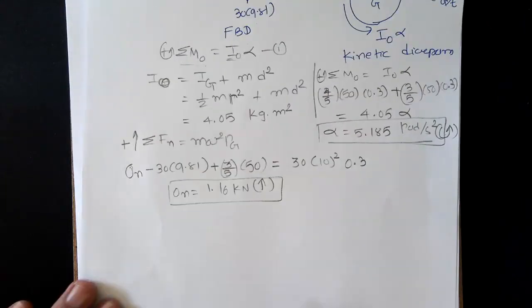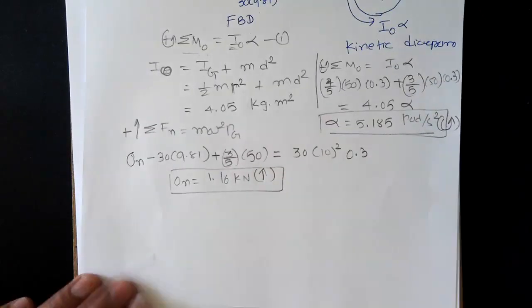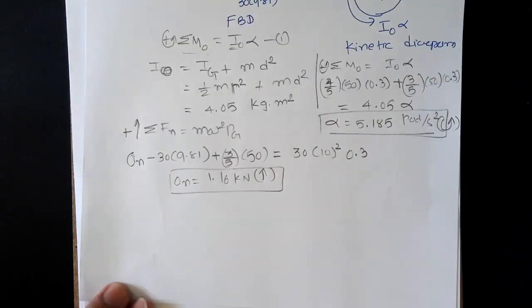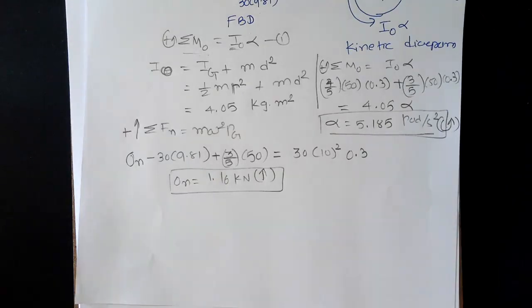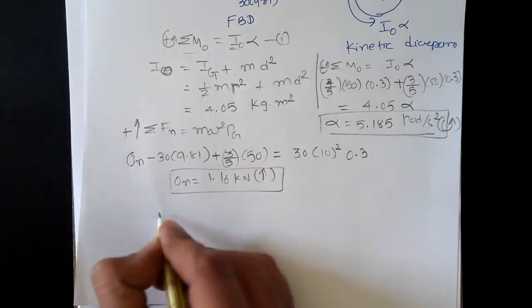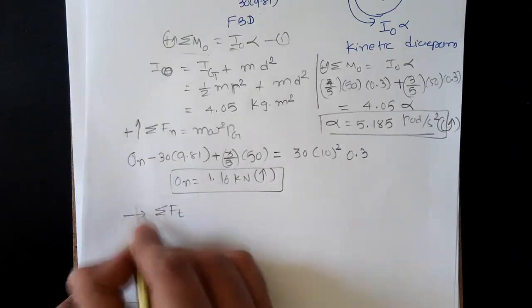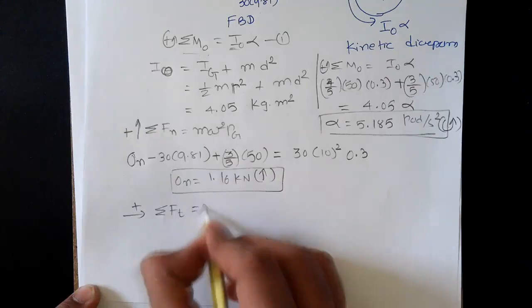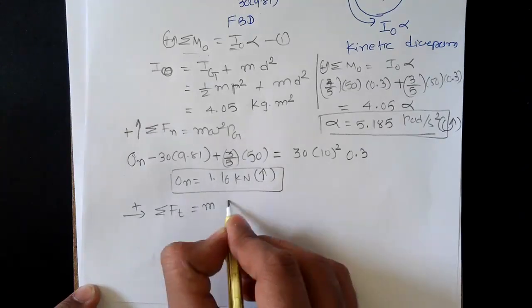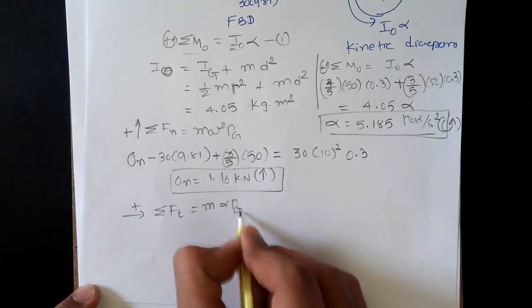And the last one is we need to apply sum of forces in the tangential direction, going right is positive, is equal to m alpha r_g.